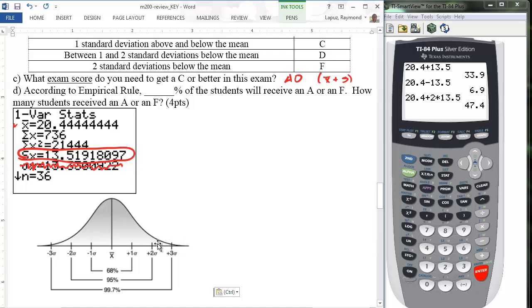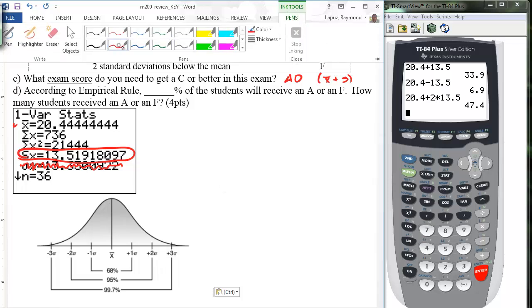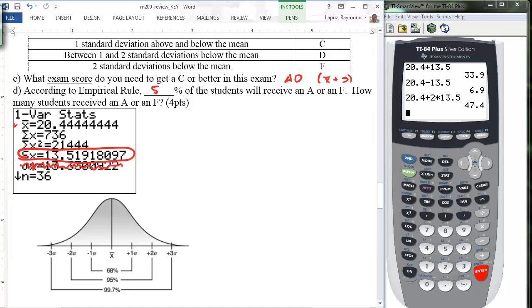So it looks like between here and out here would be the complement of 95%, which is 5%. So it looks like we'll get about 5% of our data will be above 2 standard deviations of the mean or below 2 standard deviations of the mean, which gives us an A or an F. Alright, so that takes care of those set of questions.